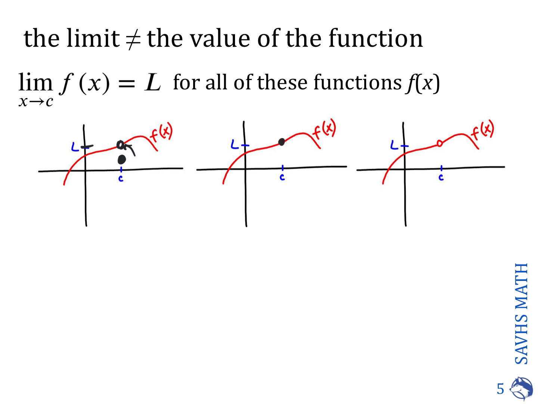If the value of the function is L and the function looks like it's approaching that value from both sides, then it goes to that spot, so the limit is L. And last but not least, even if the function is not defined, like I said on the last slide, if there is no definition of what the function is worth at that spot, the limit is still L because on both sides it looks like it's approaching from left and from right.